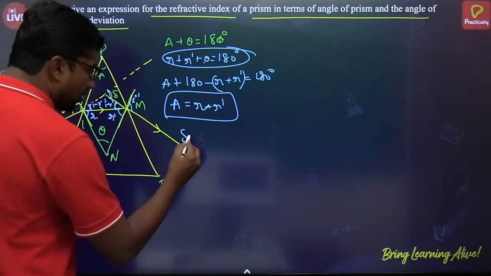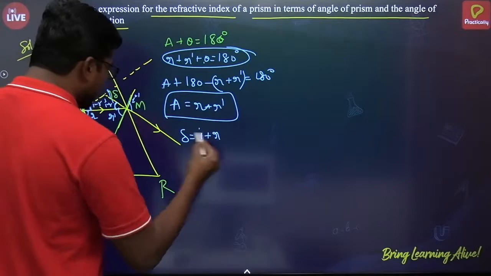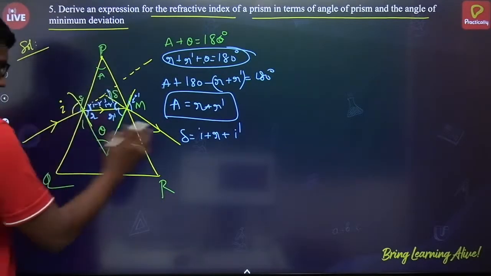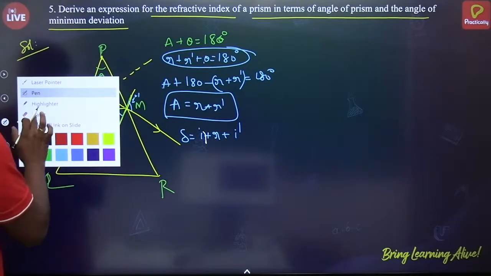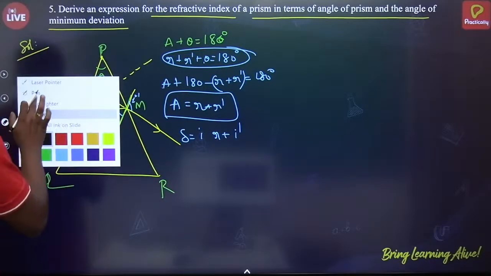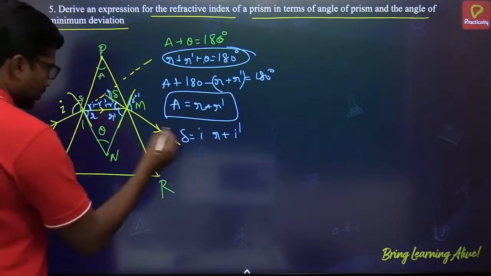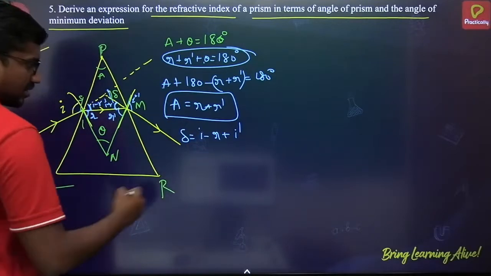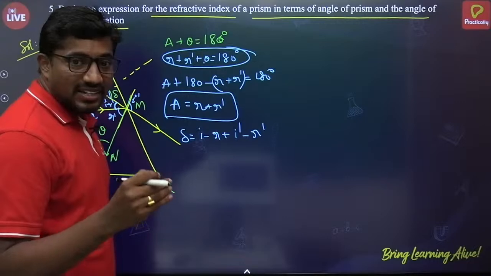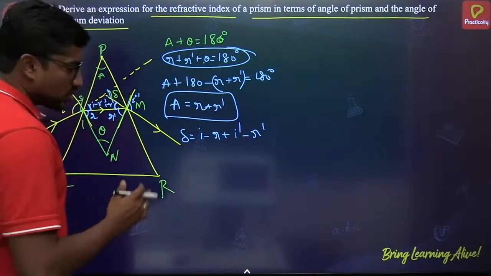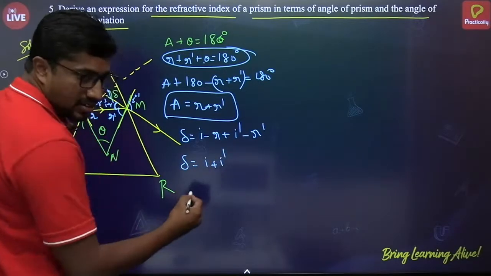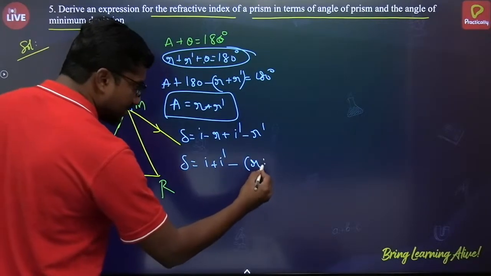That means delta you can write as I minus R plus I dash minus R dash. Simple, I applied here that the exterior angle is equal to the sum of the interior angles. So we got delta is equal to I plus I dash minus R plus R dash.